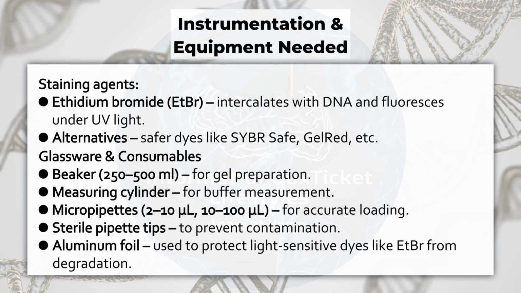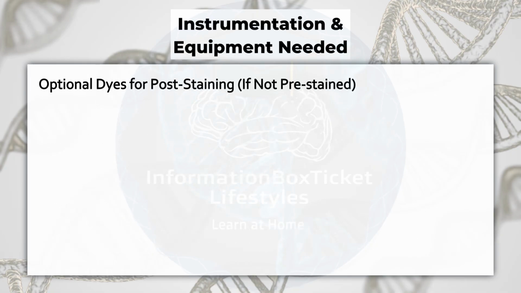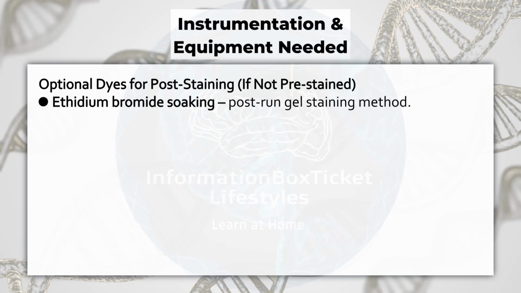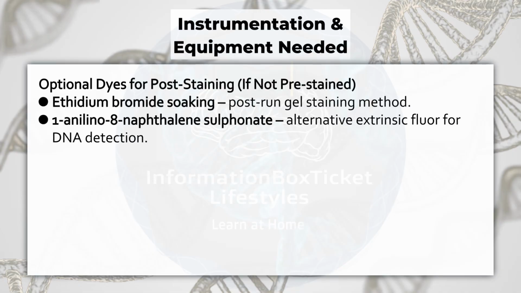Aluminum foil, used to protect light-sensitive dyes like EtBr from degradation. Optional dyes for post-staining, if not pre-stained. Ethidium bromide soaking, a post-run gel staining method. 1-anilino-8-naphthalene sulfonate, an alternative extrinsic fluor for DNA detection.